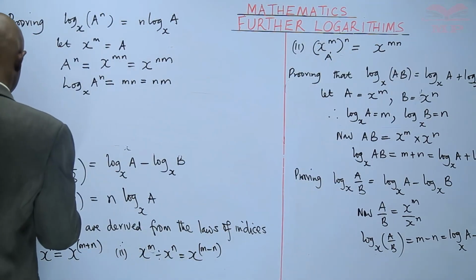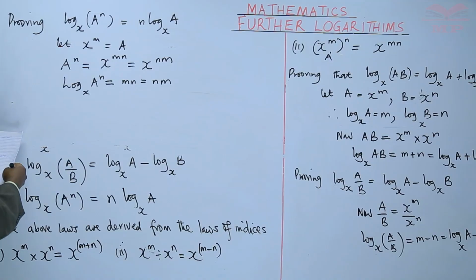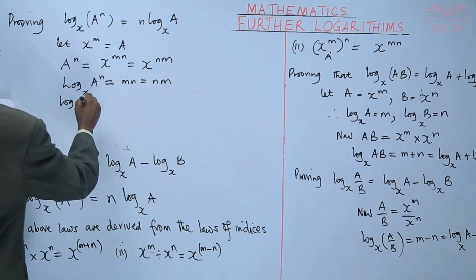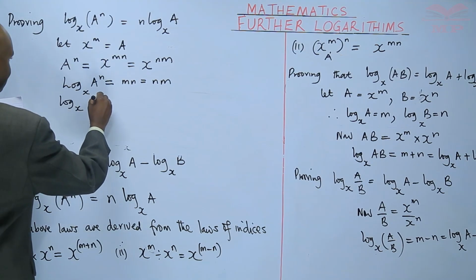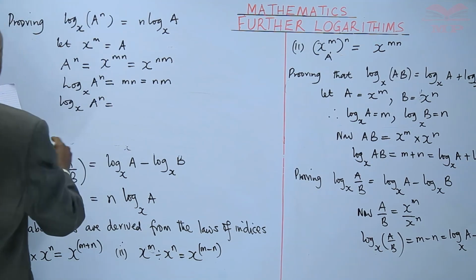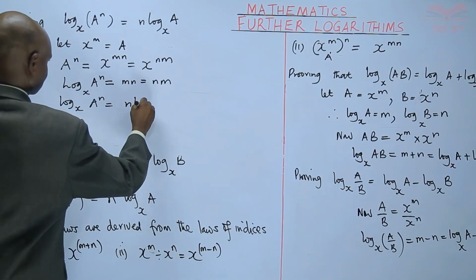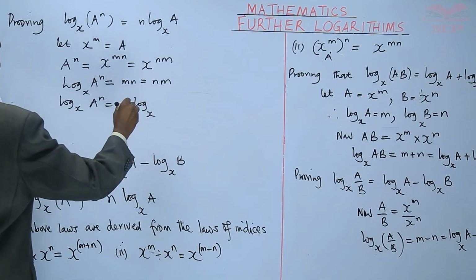So from there, we can say log base x of a^n will be equal to n log base x of a.